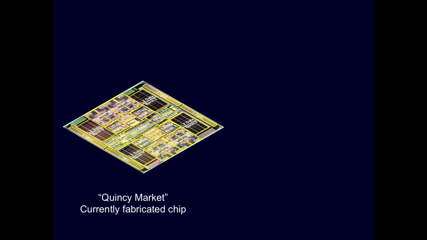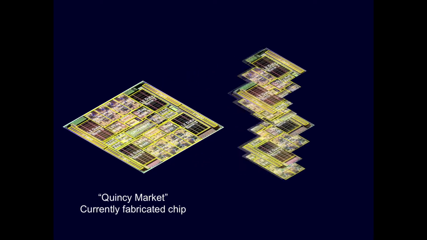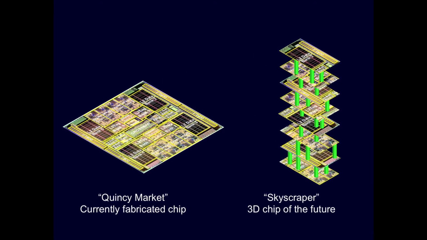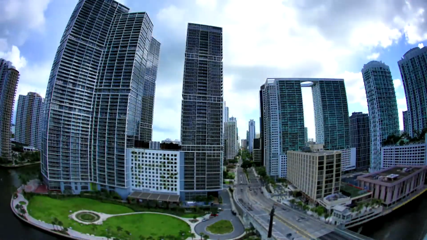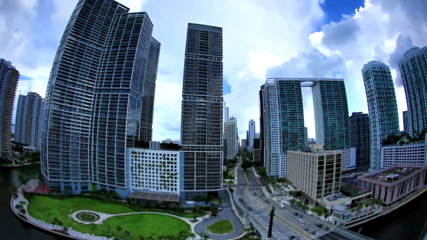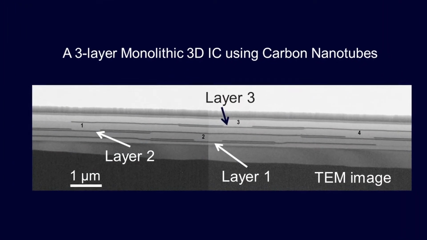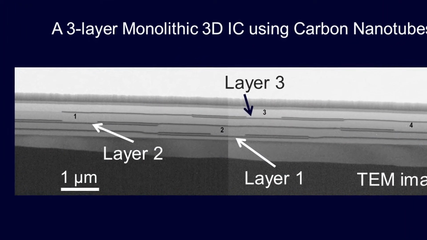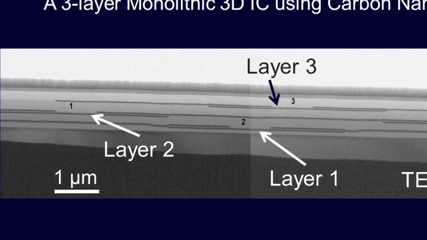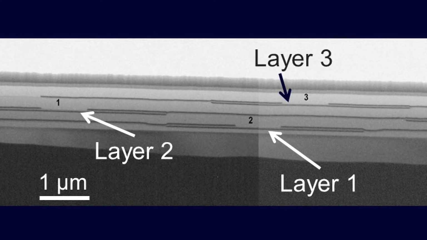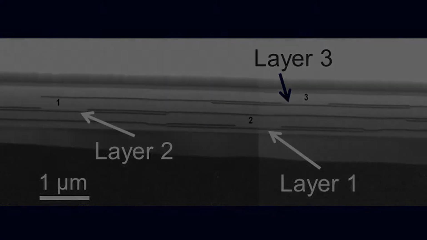We can make tomorrow's electronic systems skyscrapers where we have multiple stories on top of each other, so that more people can work together and collaborate more effectively. While people are trying really hard to push the physical limits of transistor scaling, carbon nanotube 3D integrated circuits manifest themselves as a brand new interpretation of the traditional concept of scaling.